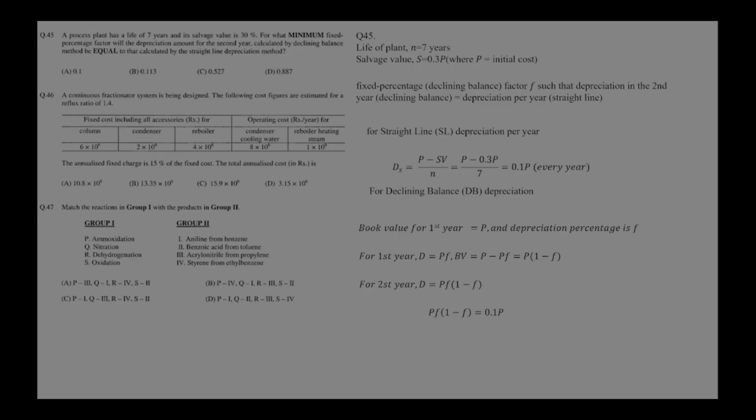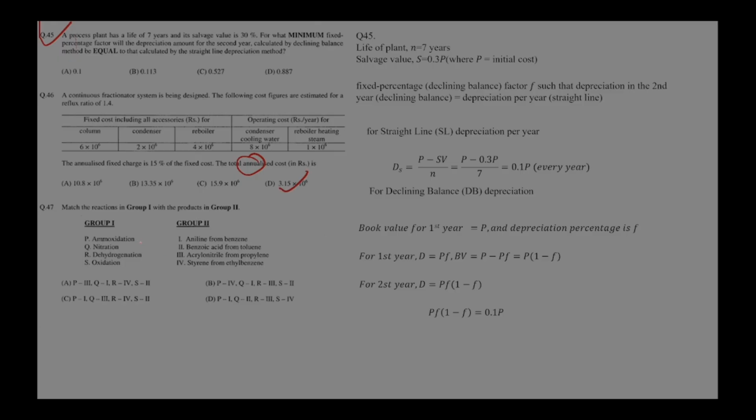So this is the answer. We have solved up to question 45, and 46 is very easy. Take all the costs which are based on annual, like annual fixed charge is 15% of the fixed cost. This is the fixed cost, this is the operating. We will solve this, and this is very easy.